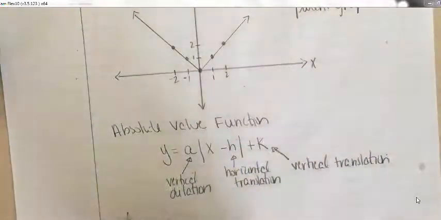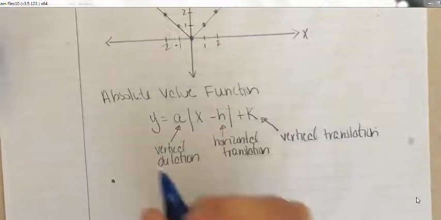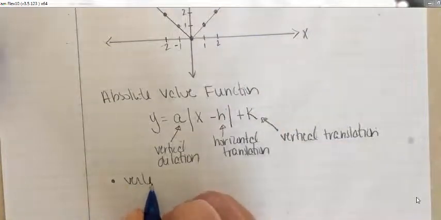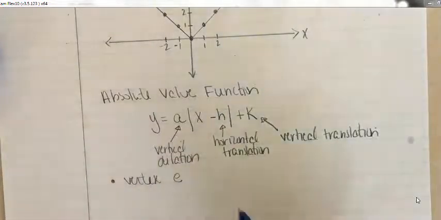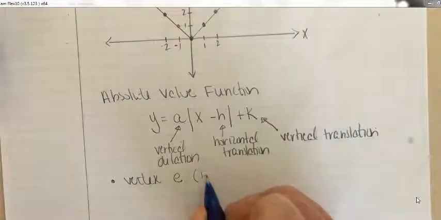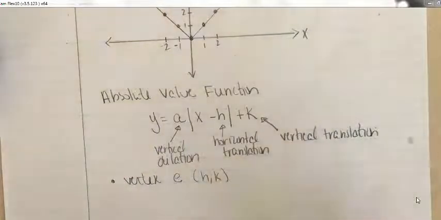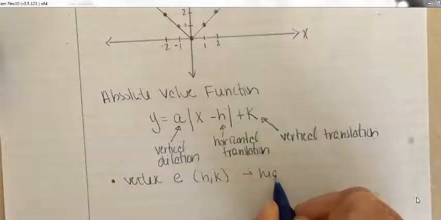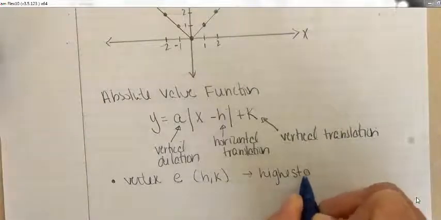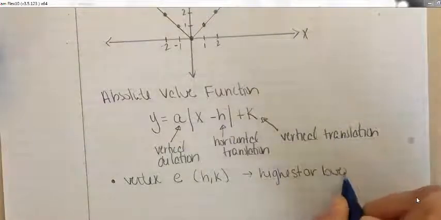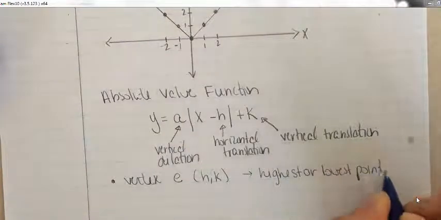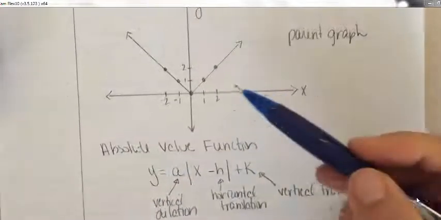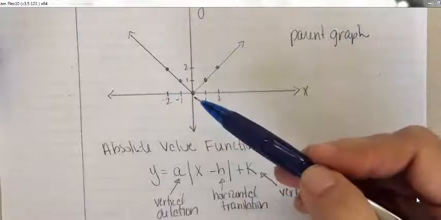Okay, so I'm going to put some bullets here. So the first thing is your vertex. Your vertex is always going to be at (h, k). Now again, your vertex, this is your highest or lowest point. And it'll vary depending on which way this thing's opening. So right now this is opening up, so my vertex is my lowest point.